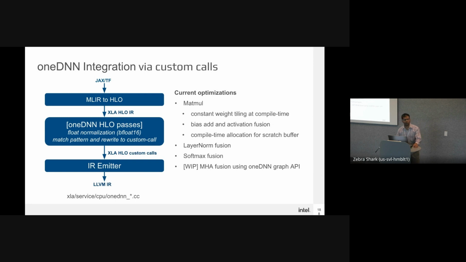We are also thinking about fusing multi-head attention, MHA, using the oneDNN graph API. That is work in progress. Besides this, we have also done a few more optimizations regarding the tiling of weight matrices, which is useful for inference, and some optimization related to allocating scratch buffers during compilation time.